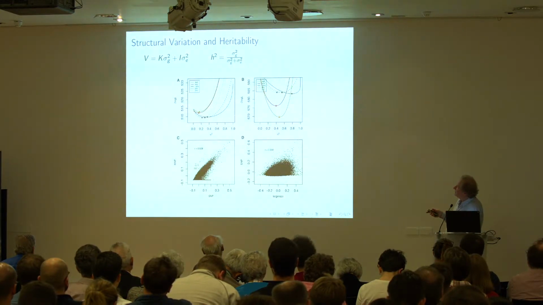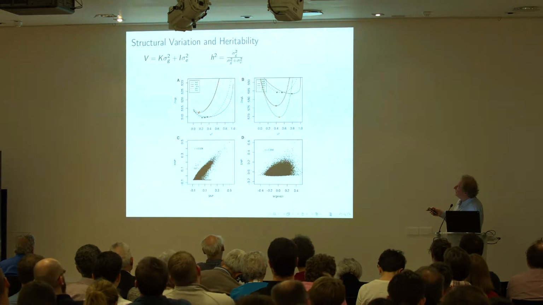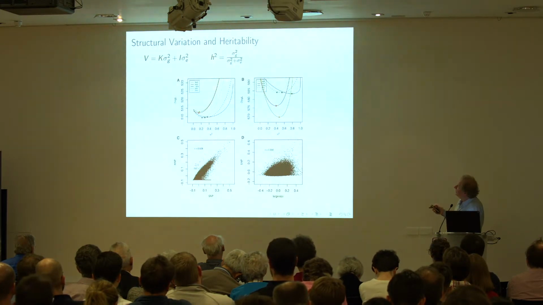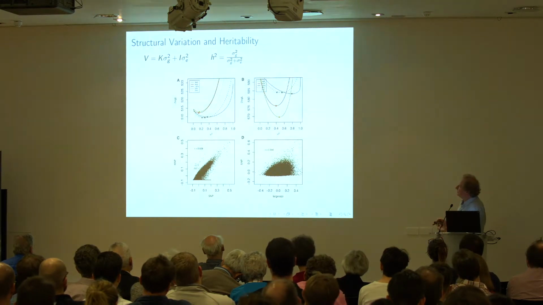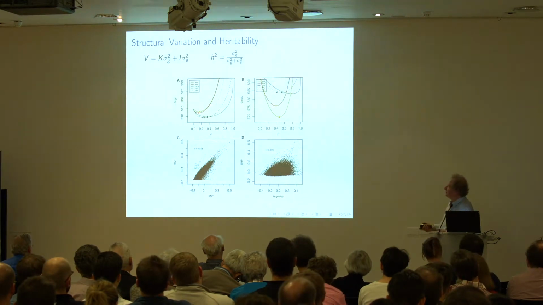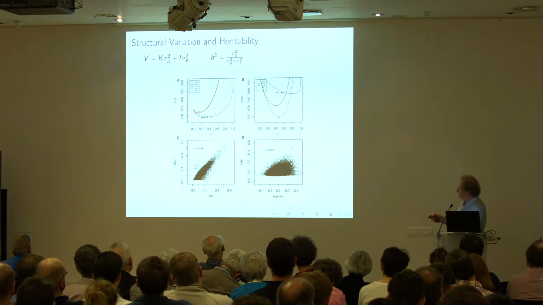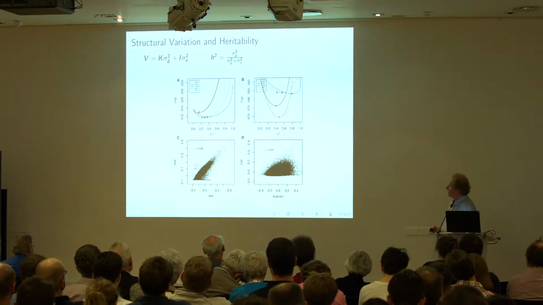In some cases, you can get heritabilities which are quite a bit higher than the SNP or haplotype-based, which tend to give you the same answer. But notice that the height of the curve is quite different. That's related to the fact that the spread of values in the kinship matrix defined for structural variant traits is radically different from that which you get from haplotypes or SNPs.